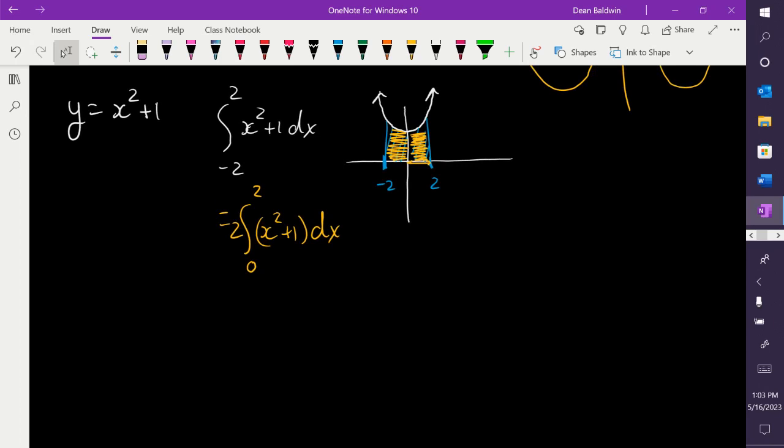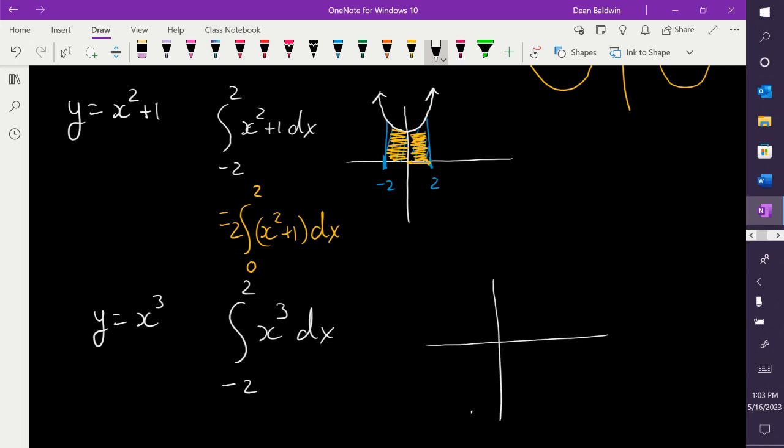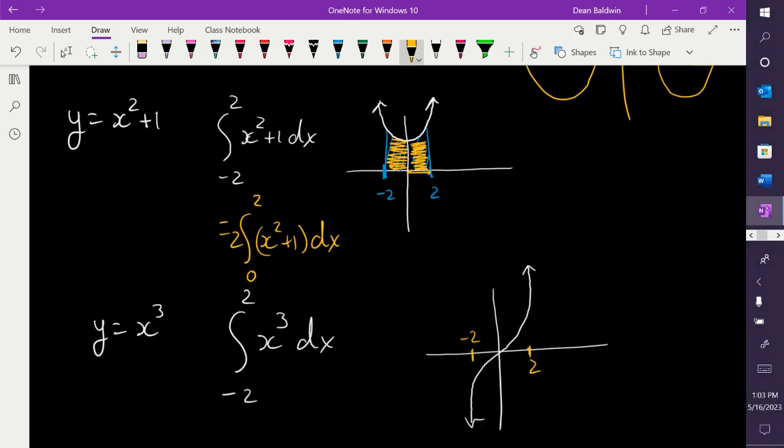And what if you have an odd function? So we'll look at y is equal to x cubed. So if I say the area from -2 to 2 of x cubed dx. Now imagine I drew that correctly.